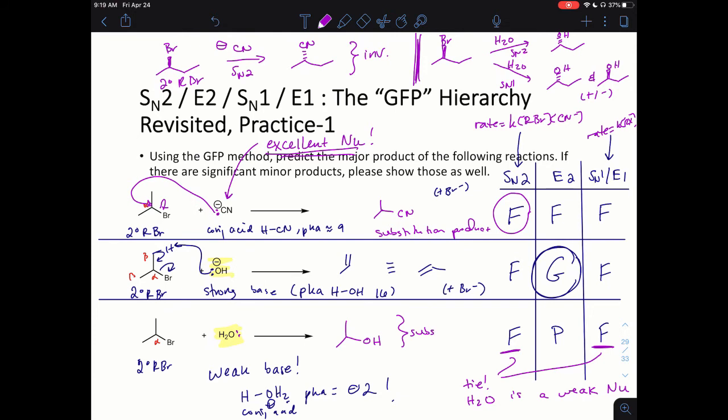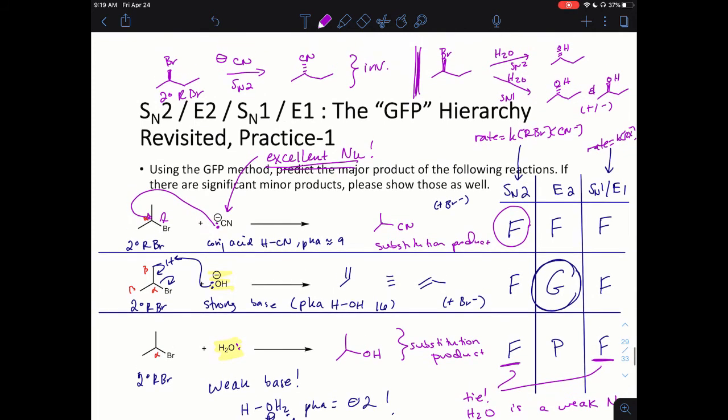The only way to know for sure if this one goes by SN2 or SN1 is to either do a kinetic study, so vary the amount of water and see if it changes the rate. If it does, it was SN2. If it doesn't, it's SN1. Or to start with a chiral alkyl halide, as I have written up here. And if it goes by SN2, you'll see inversion, where you started out with your stereocenter out and it ends up in.